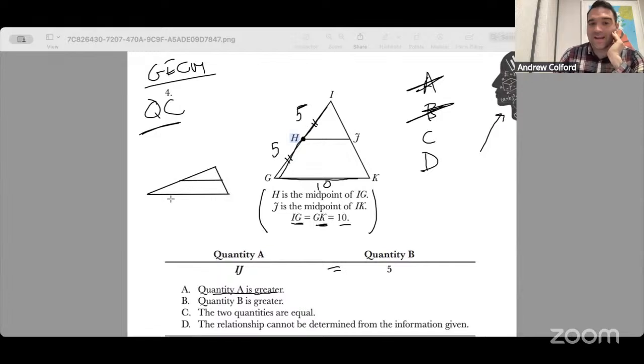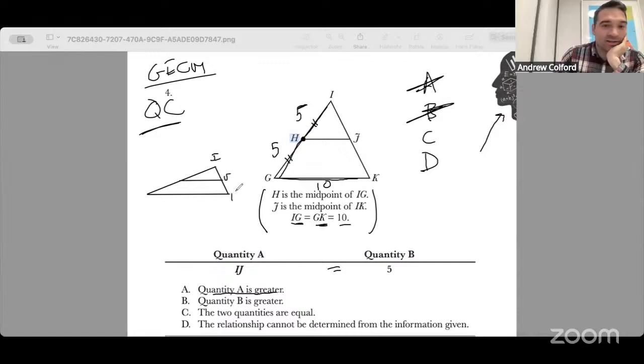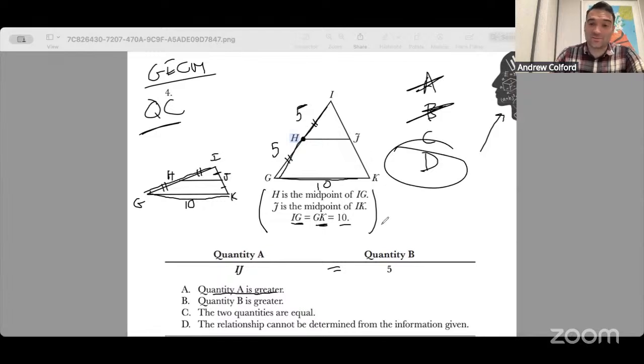It's a little more dramatically drawn, where this is I, J, K, G, and H, right? Clearly, in this version that I've drawn, which again doesn't violate any conditions because this is 10 and this is 10, but these are smaller. I don't even need to give a number. I can just say these are not equal. And that means the answer is D.